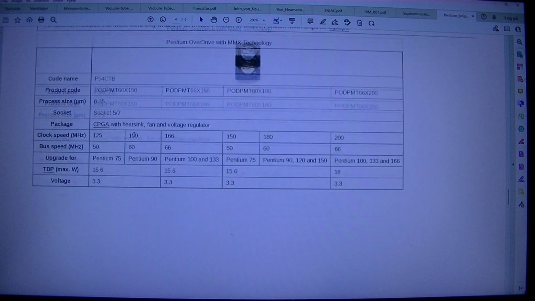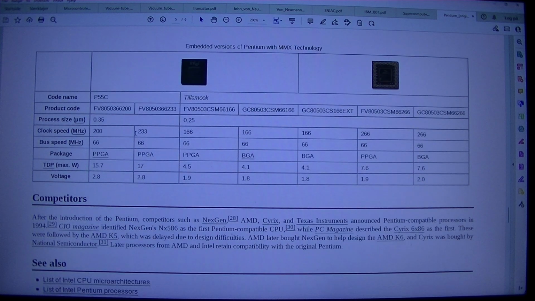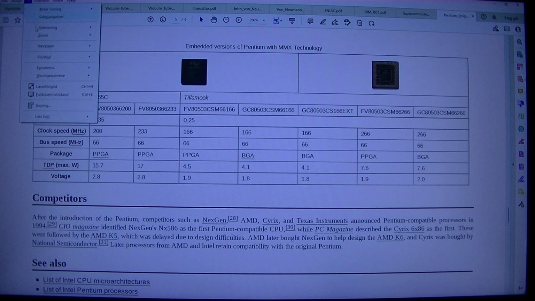Yes, a lot of numbers. Let's read from here.